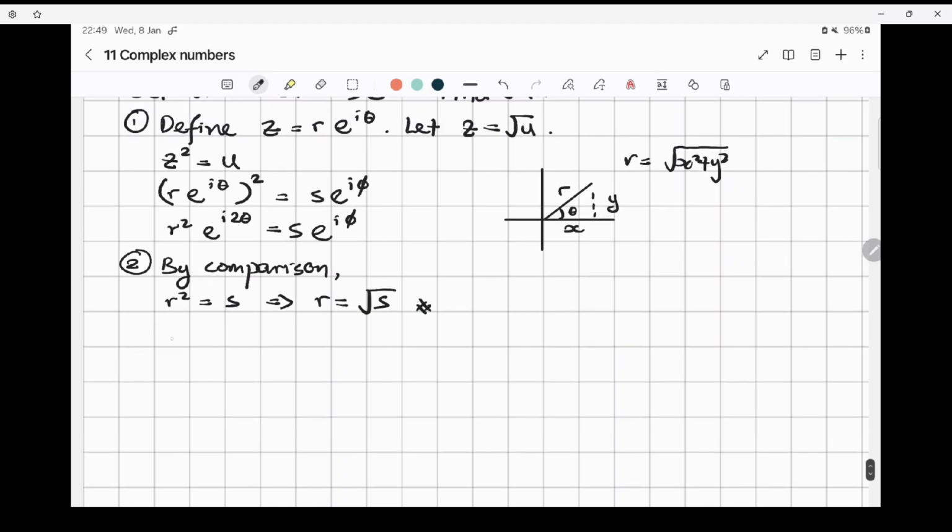But to find your angle theta, you need to be a little bit careful. By definition, we know that the principal argument is given by minus pi to pi.